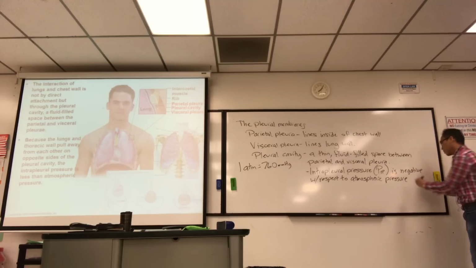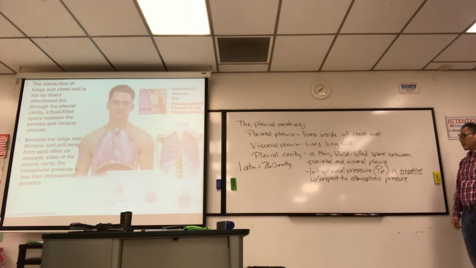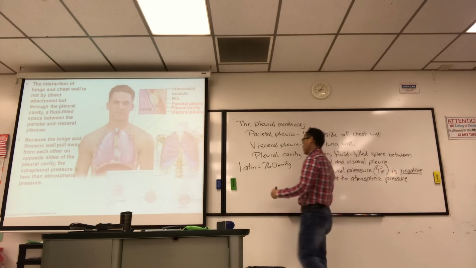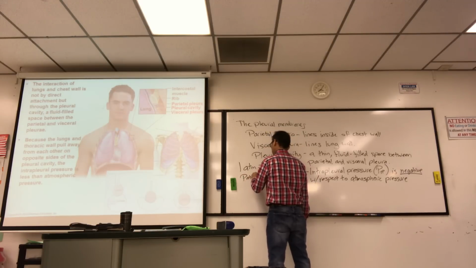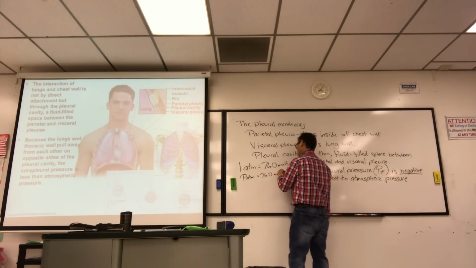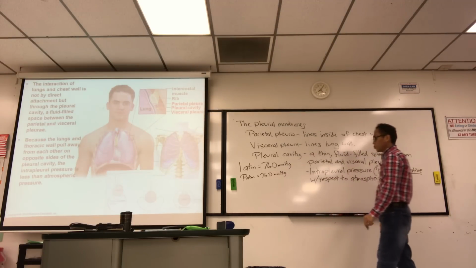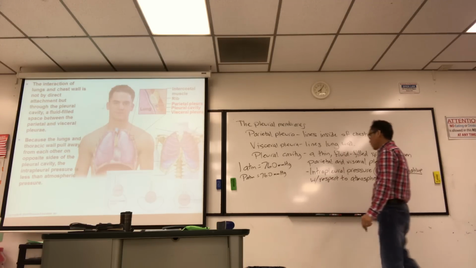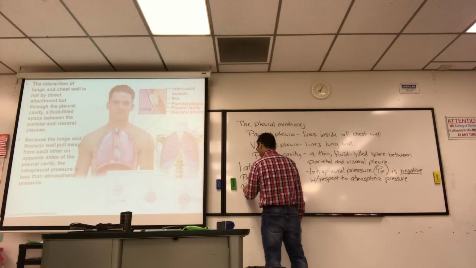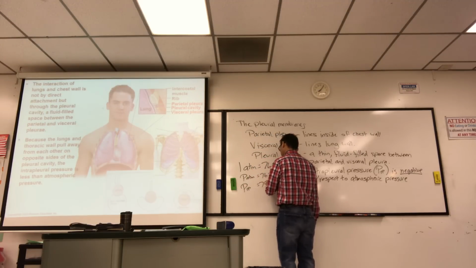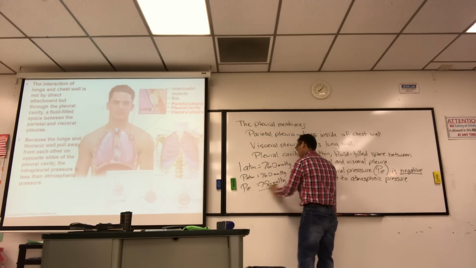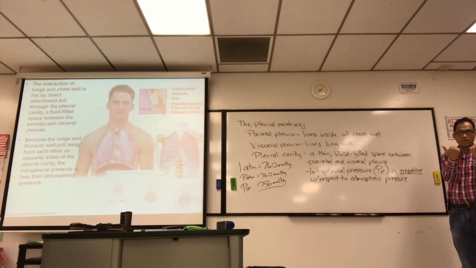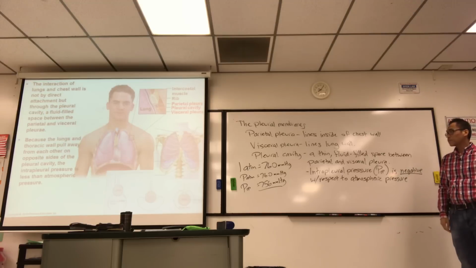What we're saying is PIP is negative to the pressure of the atmosphere, okay? So sometimes I call pressure of the atmosphere PATM, and it's 760 millimeters of mercury. Again, that's the pressure that can displace a column of fluid, in this case mercury. And typically, PIP is negative to it, which means it's a little less, so 756. It's less than atmospheric pressure. It's negative because of that, the lung wall and chest wall always pulling apart from each other.